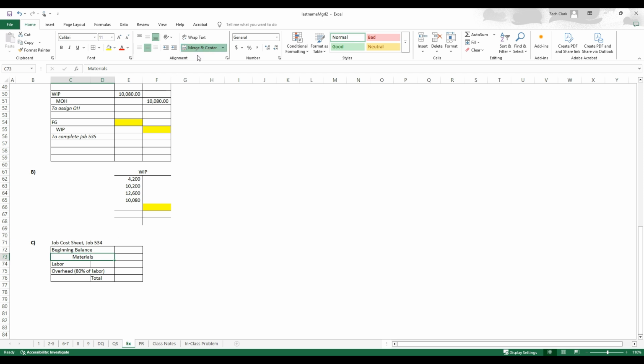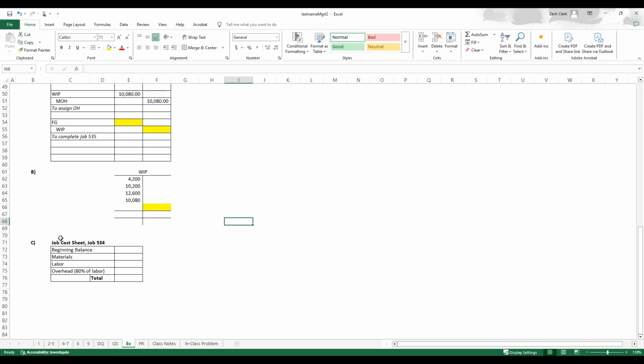I'm just going to merge and center these. Some of this is not a requirement or anything, but good Excel hygiene, if you will, just making things look clean and balanced in their presentation. Honestly, to me, it helps when I work in spreadsheets like this.